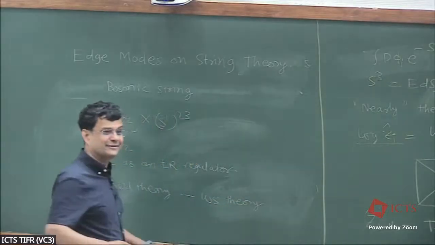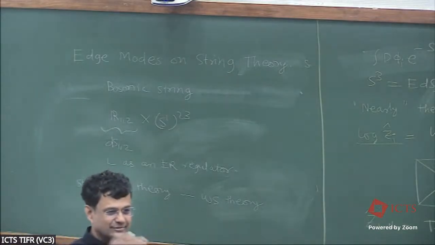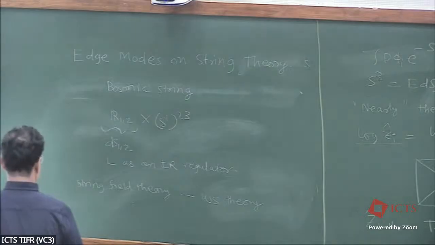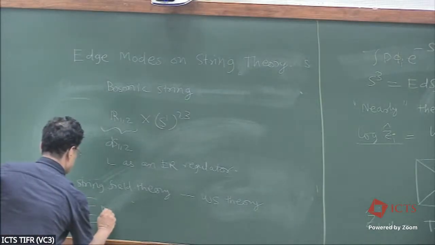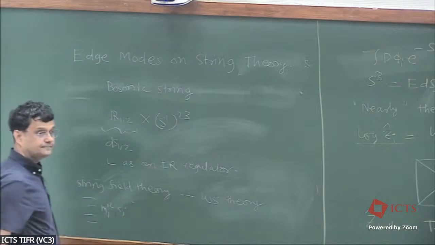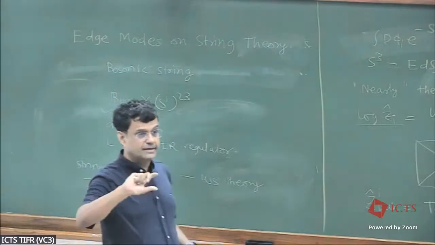Here, this is a free string field theory. It's just a collection of many fields which correspond to string theory. In string theory, you just have several fields with some m_i squared, s_i. And if you're in R^{1,2}, then they're just labeled by helicities.